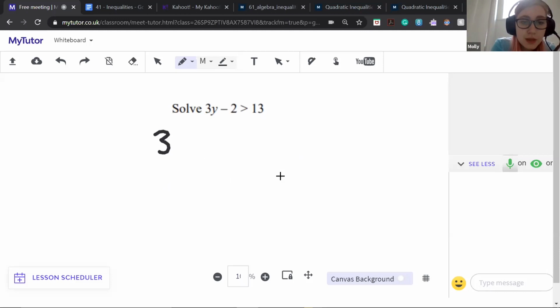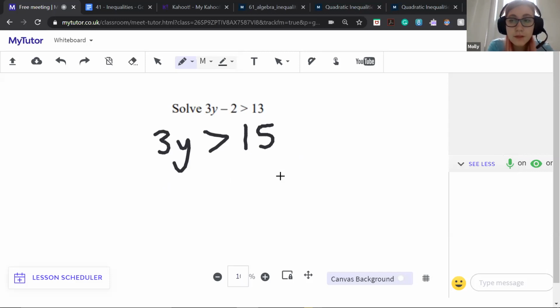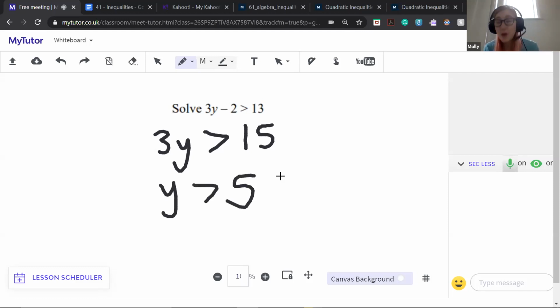So we get that 3y is greater than 15. Then we're going to divide by 3. Now check. Are we dividing by a negative? Nope, we're dividing by a positive 3. So everything's fine. The sign will stay as it is. So y is greater than 5 because we've just divided by 3. Hopefully that makes sense there.